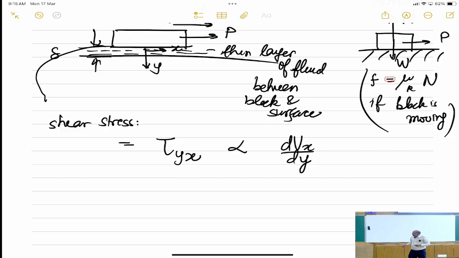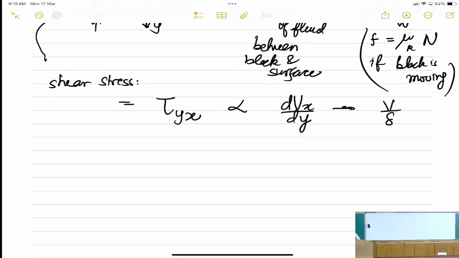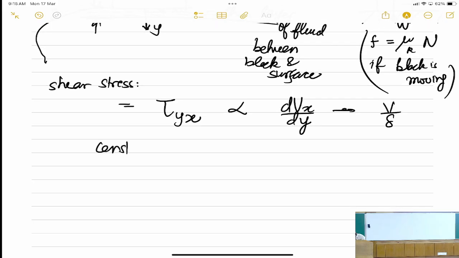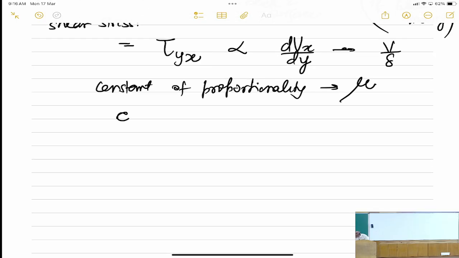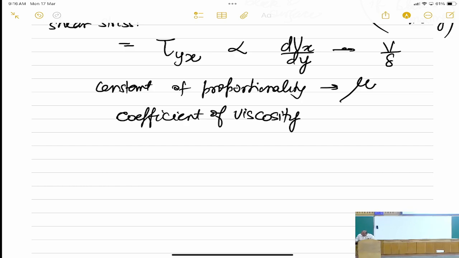So this dvx by dy will be v divided by delta. And the constant of proportionality is what we call mu, or the coefficient of viscosity.